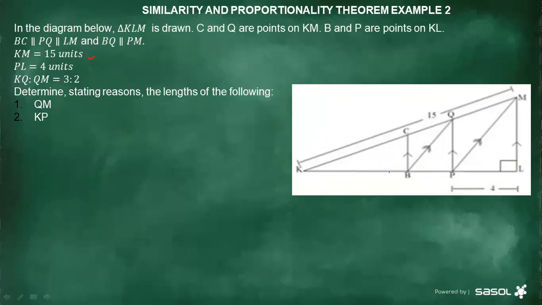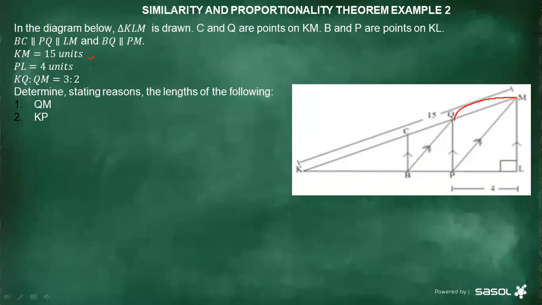Let's look for QM. Here is QM. Remember, every time we start with what we are calculating, so we start with QM. Then divide by the side or two points where we are given the actual distance.